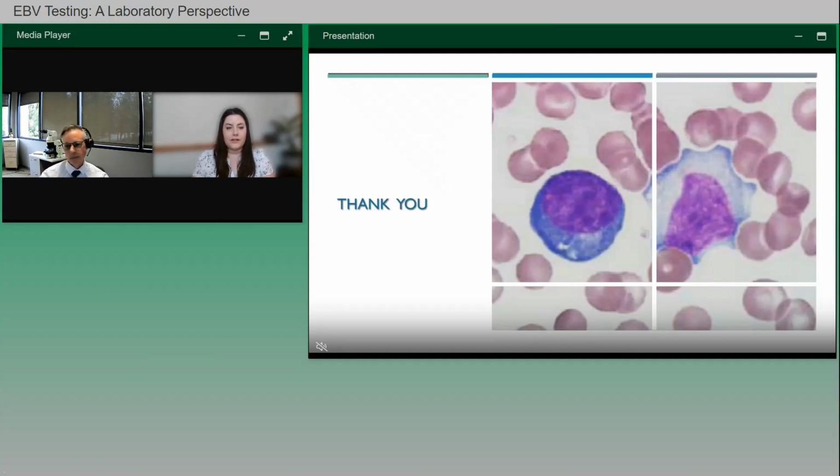Our next question here: what testing is preferred in cases of malignancy to link these malignancies to EBV as a cause? Oh, yeah, that's a hard one. As you can imagine, it's really hard to link any cancer definitively. It's all about risk, and you can almost never highly link a causative agent for cancer.